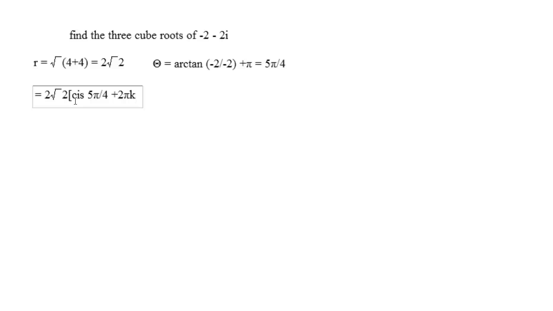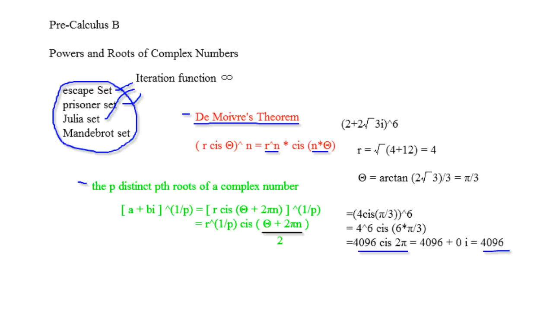Alright. So this is going to be the setup for it. Now what we're going to be doing is raising this whole thing to the 1/3 power. Okay? Alright, and we're going to go back and use the formula that we just talked about.